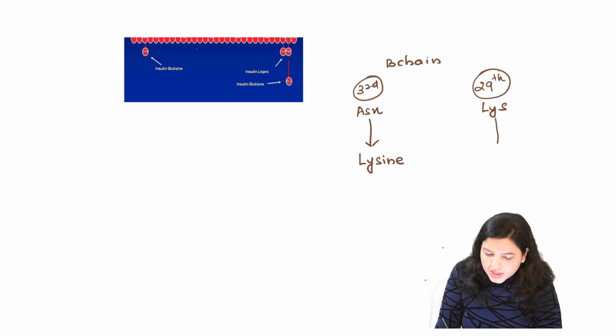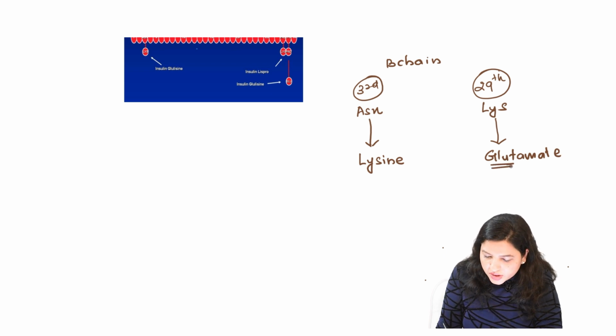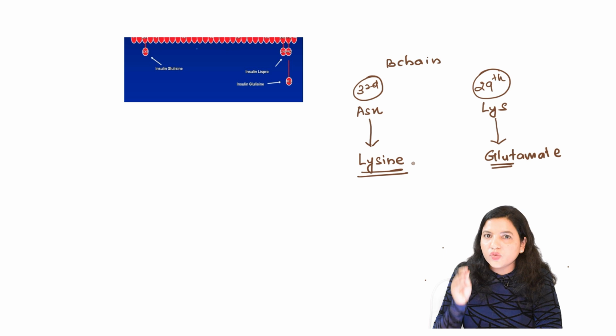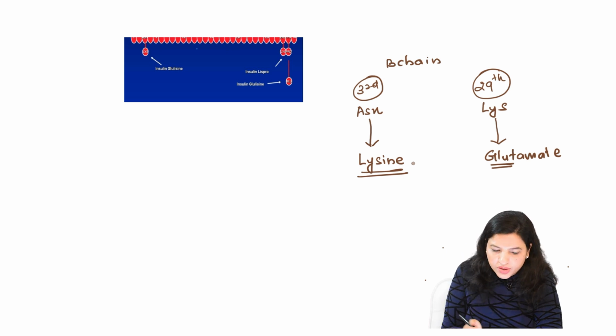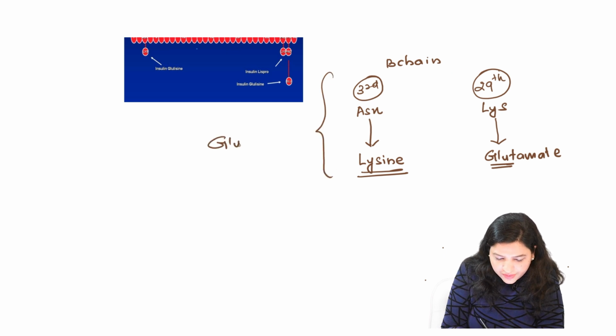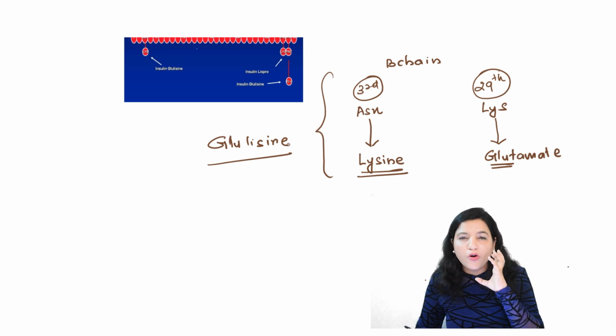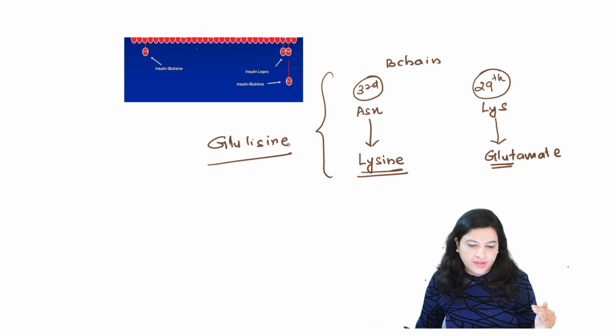Now the 29th lysine is replaced by glutamic acid, glutamate. So glutamate and lysine are coming newly, and that is why the name of this insulin preparation is glulisine. Usually the newly formed insulin preparation is known by the newly arrived amino acids.